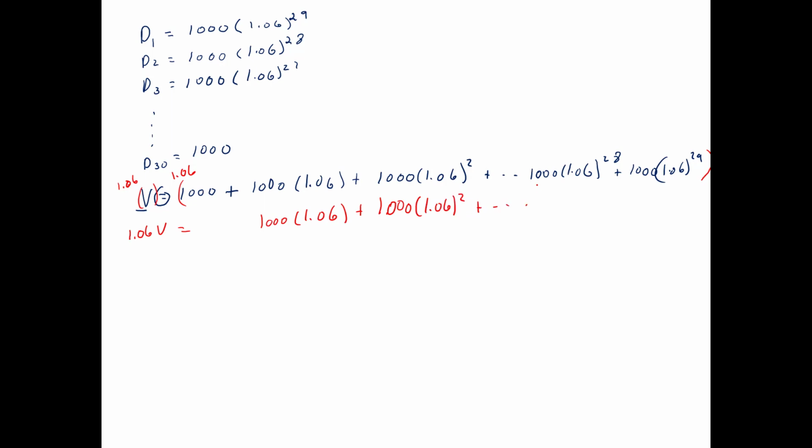The one right before this will become 1,000 times 1.06 to the 28th, and this one times 1.06 will become 1,000 times 1.06 to the 29th, and then the 1,000 times 1.06 to the 29th will become 1,000 times 1.06 to the 30th.